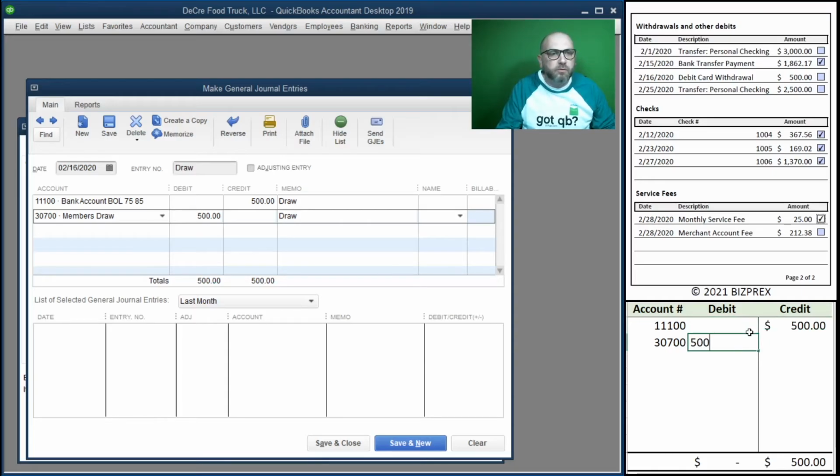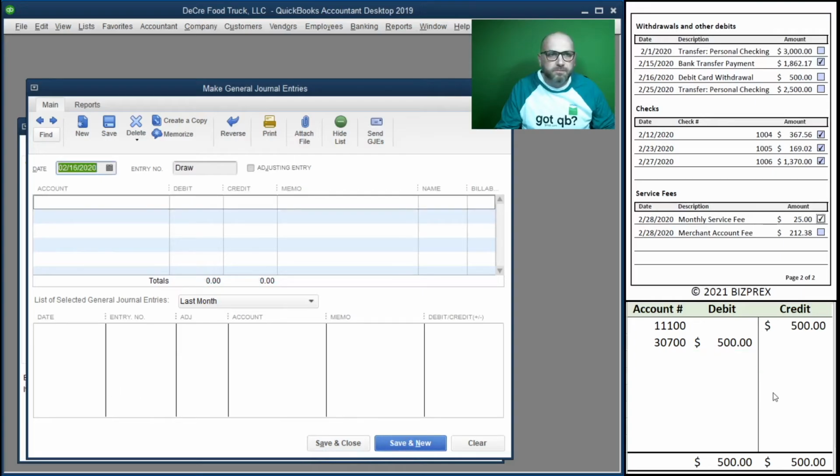Again, it's a good reinforcement, right? It's very important to remember debits and credits, right? And that's what we have here. Here we are. It's all depicted. We just finished booking this 500. Save in new. Okay. One more.